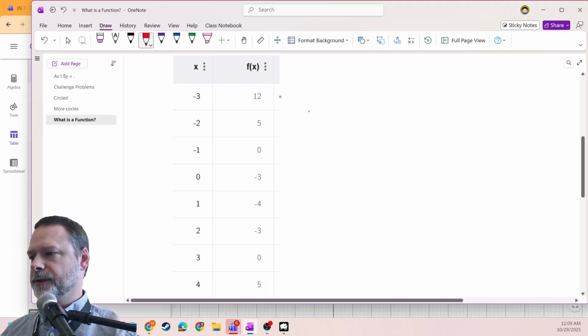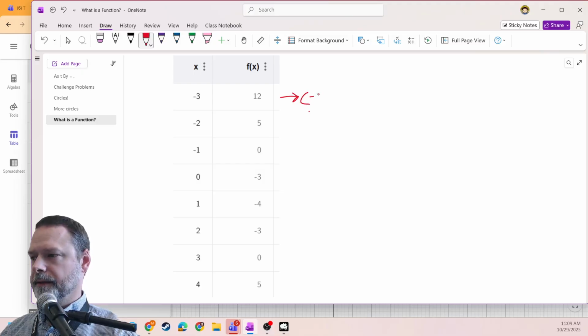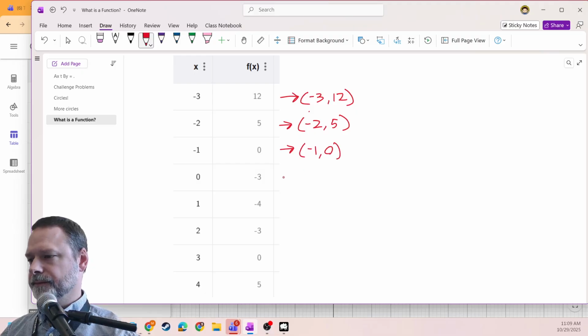Each of these represents an ordered pair. -3, 12. Right here would be -2, 5. This one would be -1, 0. Then 0, -3.